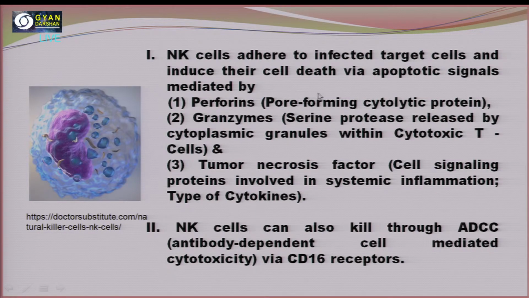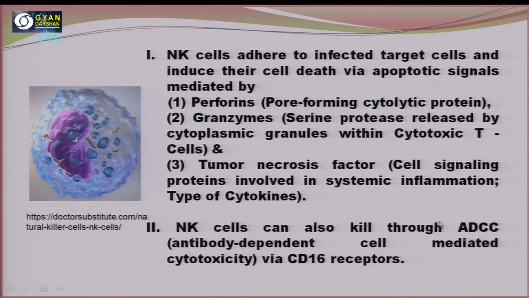These are the three main factors released by the NK cells, and ultimately they kill the target. Perforin is a pore forming cytolytic protein, and serine proteases are released by the cytoplasmic granules of cytotoxic cells, along with tumor necrosis factors. So these are the various factors released by the NK cells.